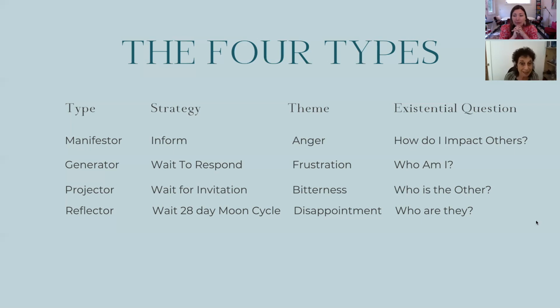They've got access to energy that wants to be used, and it moves pretty quickly. So what's important for manifestors to know to have alignment is to be able to inform other people, to let them know, oh, I'm moving over here very quickly, I'm leaving the job tomorrow, something like that.